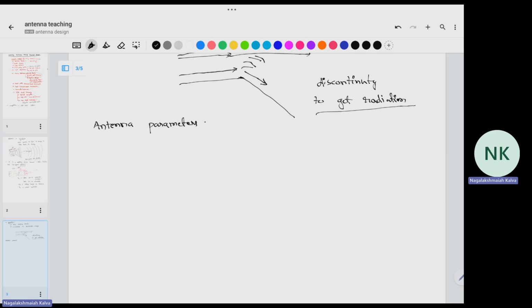Once you know these parameters, we can directly jump into the antenna design and we'll get clear knowledge about antenna design. So the first parameter which we are going to discuss is radiation pattern.